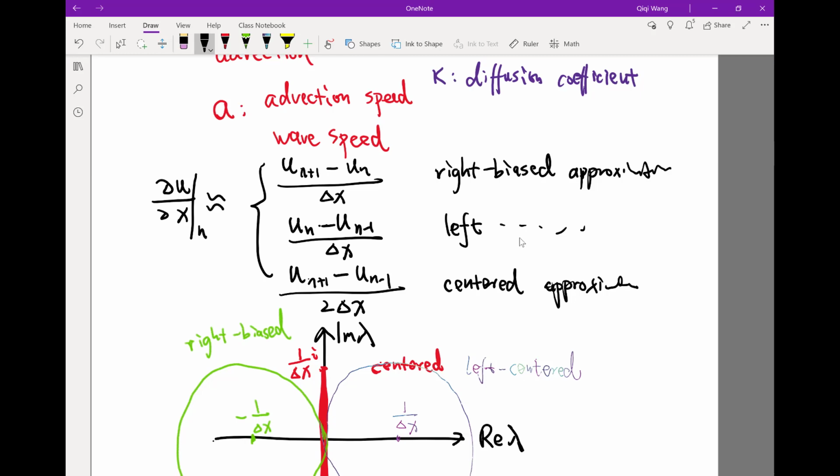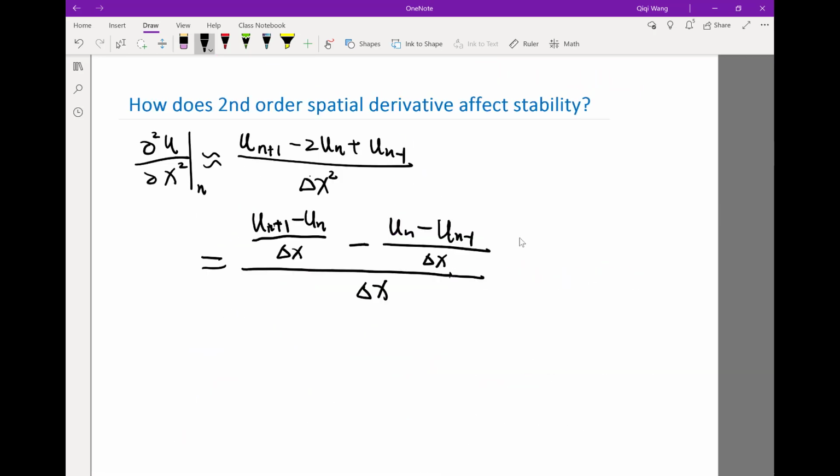Because if you strictly apply the centered approximation twice, you expect to get a divide by 4 delta x squared in the denominator, and in the numerator, instead of u_{n+1} and u_{n-1}, you would have u_{n-2} and u_{n+2}. That would be kind of a waste of resources, because it's a less compact scheme.